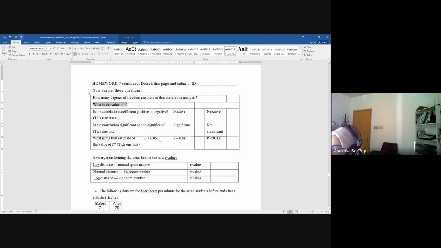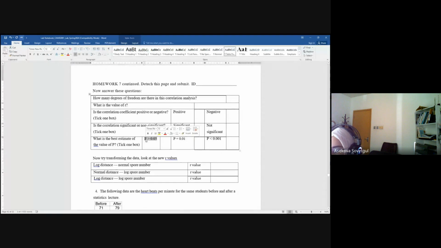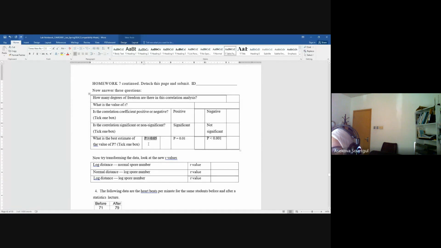So in your case, if you choose 0.05, just tick on 0.05. You can actually compare. In case of 0.001, would it still be significant or not significant? Based on that, you can make a decision which one to choose for the rejection point, 0.05, 0.01, or even 0.001.